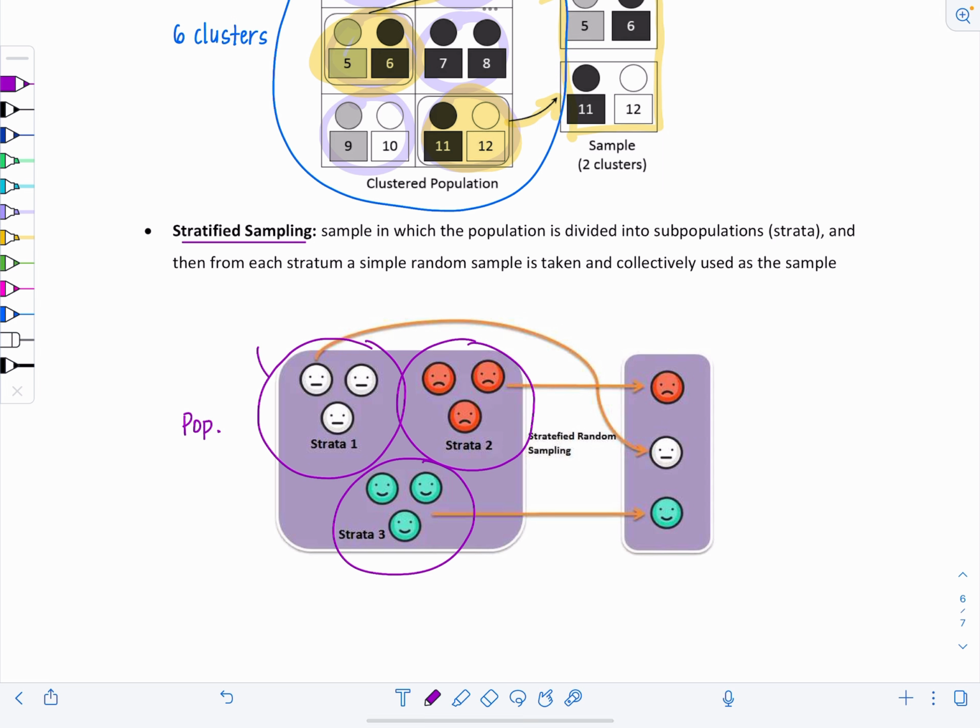So you come to each stratum and you go, I'm going to randomly select 1, 2, however many you need. Boop, that goes in your sample. Then you go to the next stratum, stratum 2, randomly select 1, boop, that goes in your sample. So you take 1 or 2 or however many from each. You take an even number from each stratum when you make your sample.